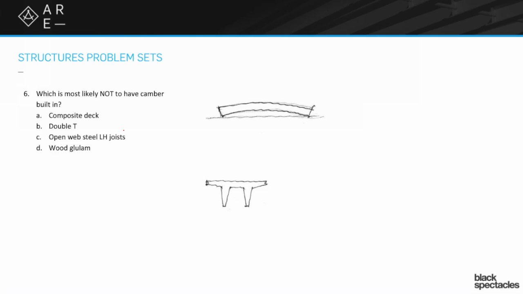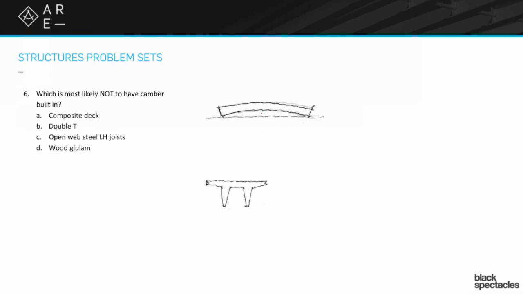Camber is a natural crown, kind of like this picture over here shows, where the piece isn't going to come out flat. It is going to have an upward bend to it. One of the reasons we like that is if you think about some of your long spans, if you start out flat, it's only going to keep deflecting downward. So we like to start with an upward crown.